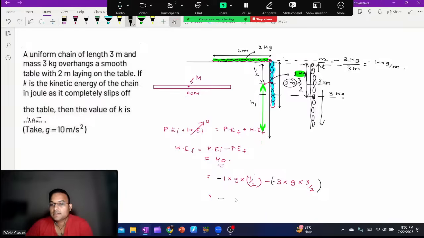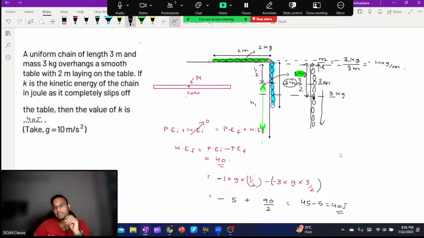So it will be minus 5 and this is plus 90 by 2. So it is 45 minus 5, that is equal to 40. It's up to you what datum or what reference point you take. I was taking the bottom, but if you want, you can take the top one.